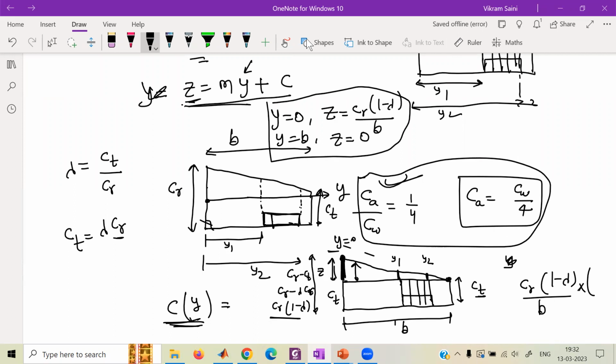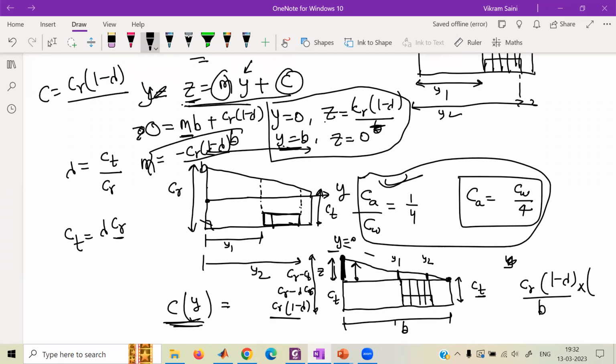When you put y equal to b, what you have is z equal to 0, equal to m times b plus c. C is already known to you, this CR(1 minus lambda). So m is also known to you. That's nothing but minus CR(1 minus lambda) divided by b. You have m, you have c, you have an expression for height z. Did everyone understand what I'm trying to talk about here, or is it just going over the head?